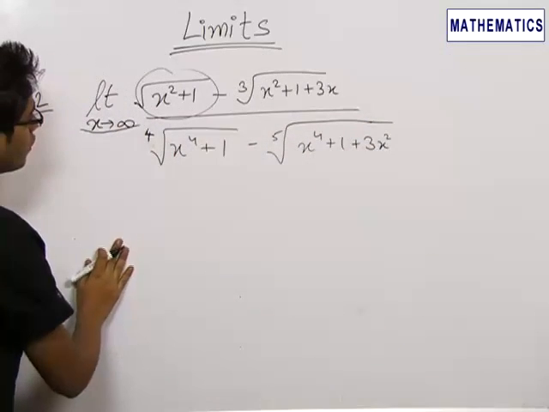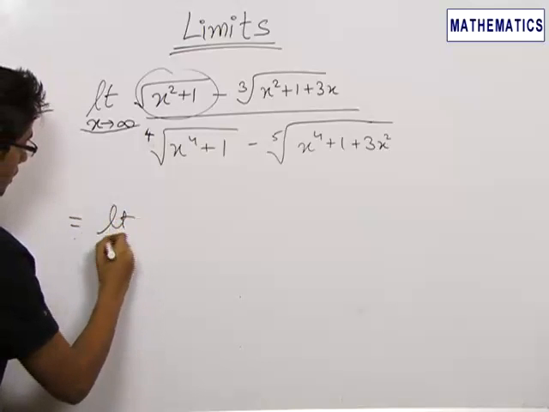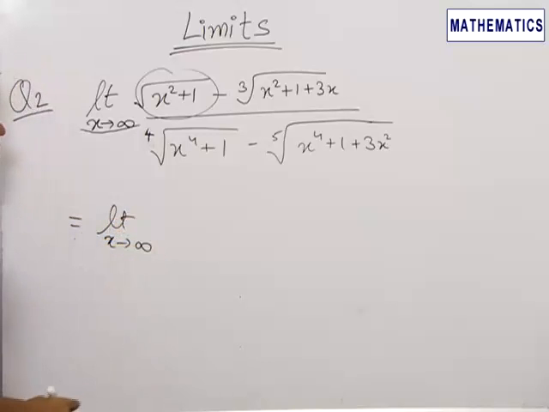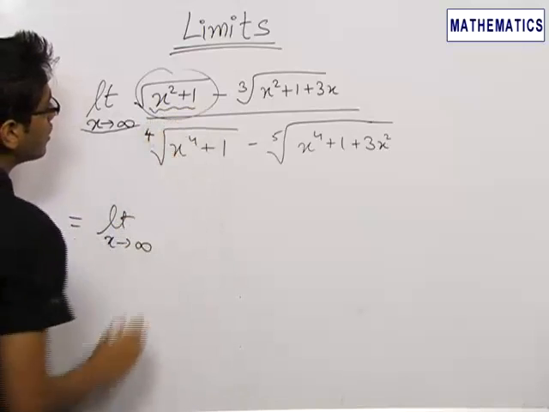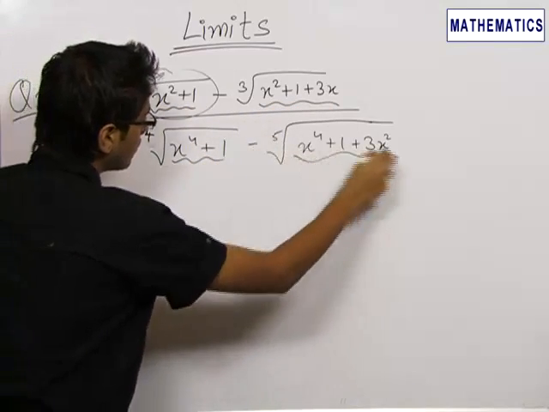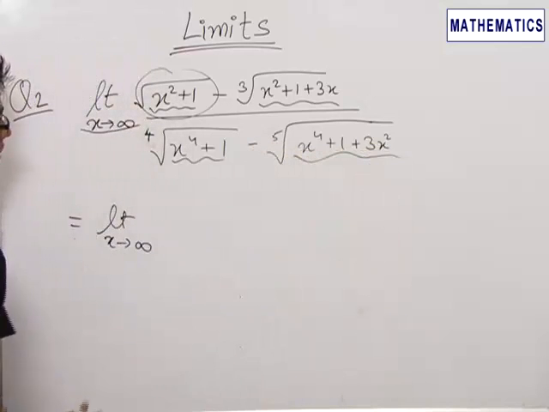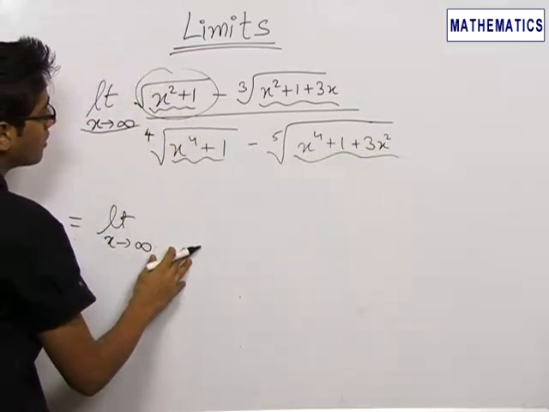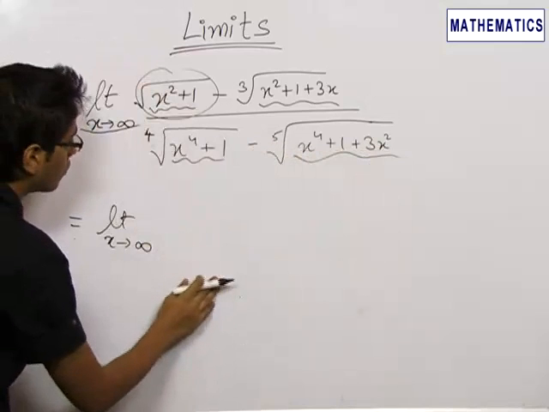Now first of all, what we do is, for limit x tending to infinity, we check what is the highest degree of x inside the square roots, cube roots, fourth powers, fifth powers, etc. which are involved. The highest is x square involved in this, so we bring this x square outside.